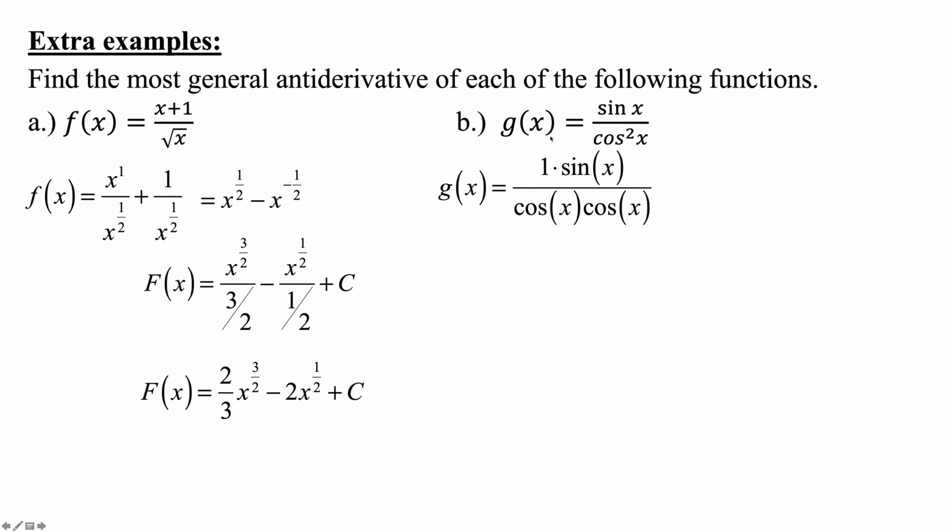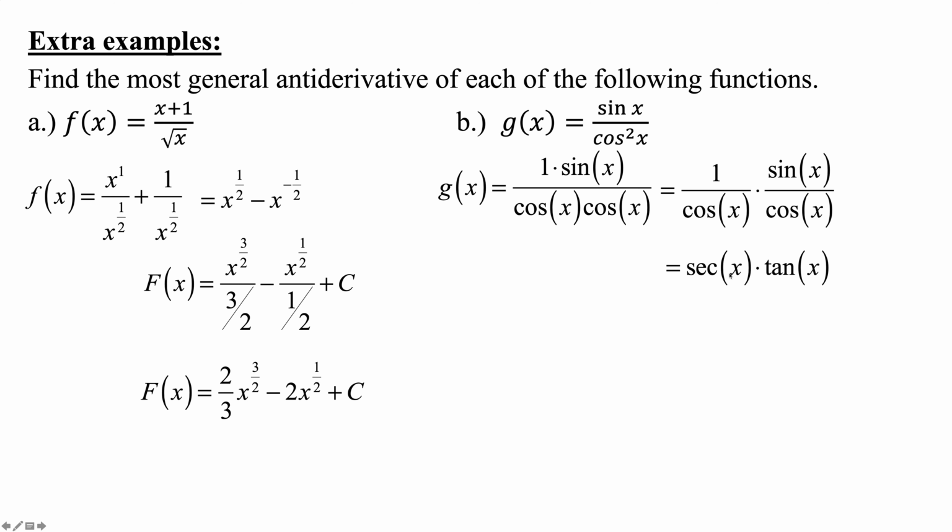All right, for g, we have sine of x over cosine squared of x. What I would do here is break your cosine squared x down to 2 cosines in the bottom. Here's my thinking. I see sine over cosine, so one of these I can change to 1 over cosine of x times sine over cosine, which makes this into a tangent, and 1 over cosine will change that into a secant.